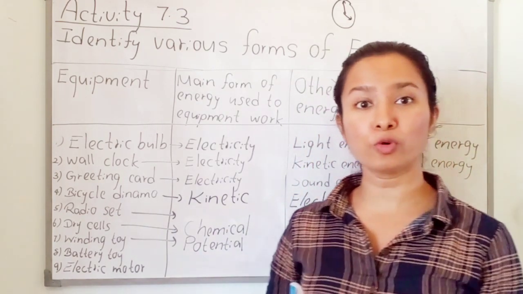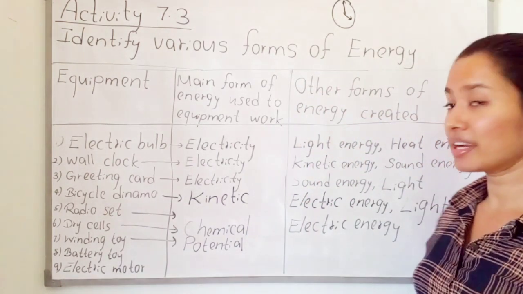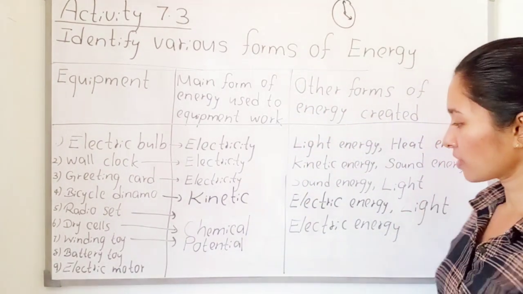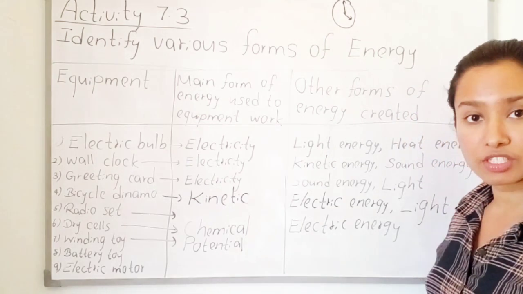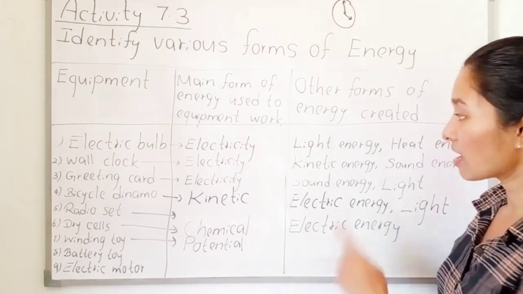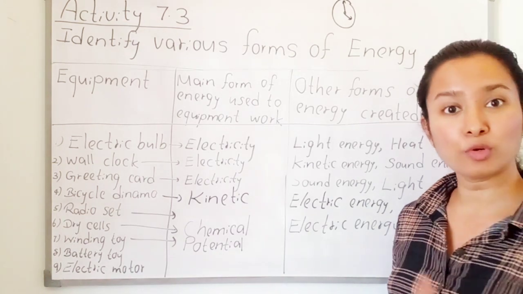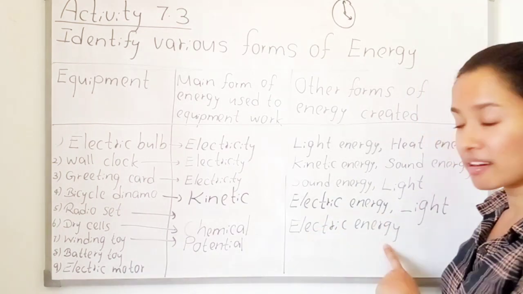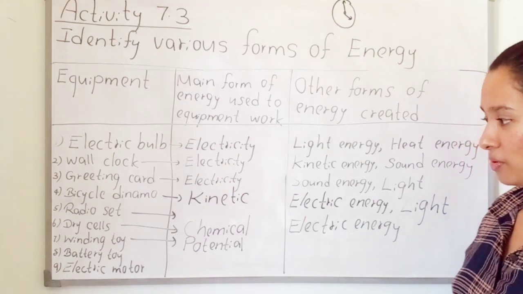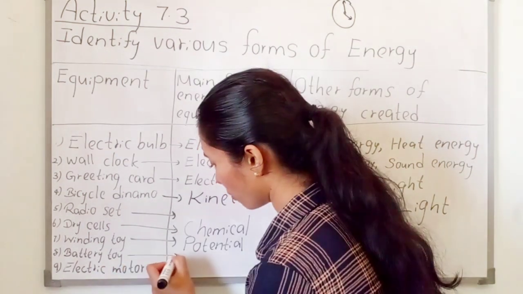So the car is moving. So we can write three types of energy. We can write sound energy, light energy and kinetic energy, because the winding car is moving. So we can write kinetic energy also. Then battery toy.